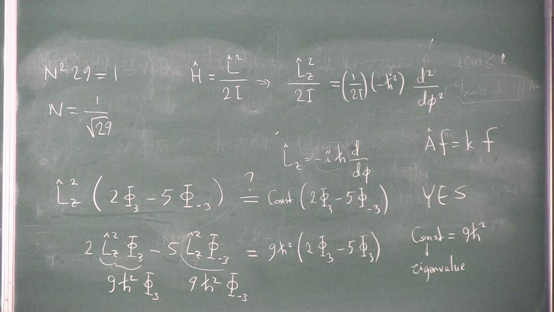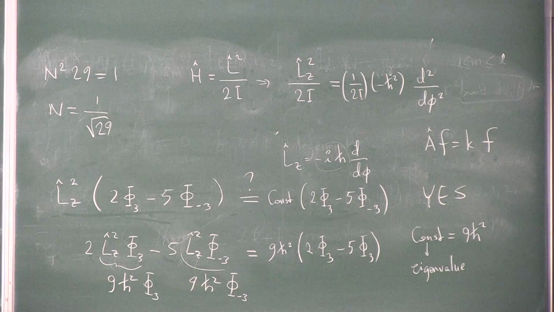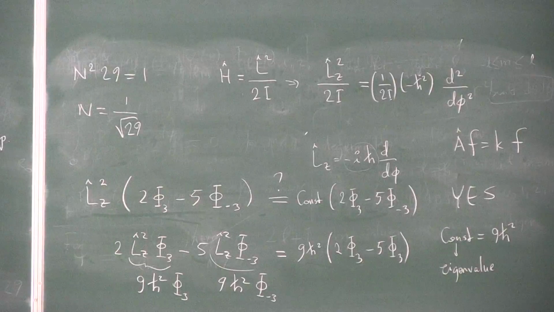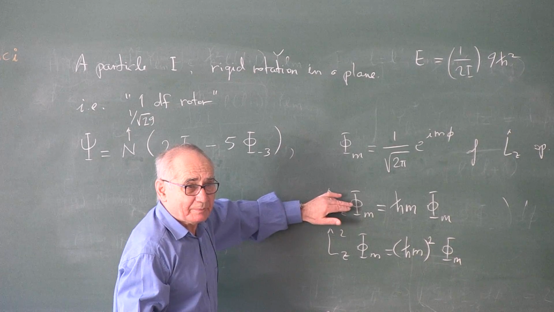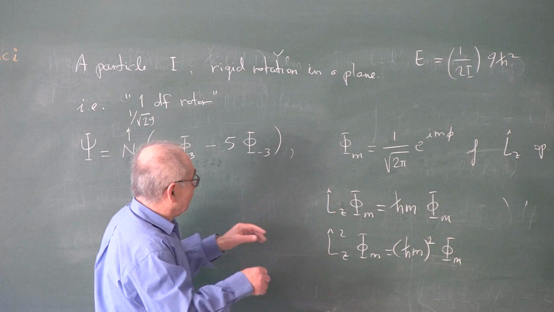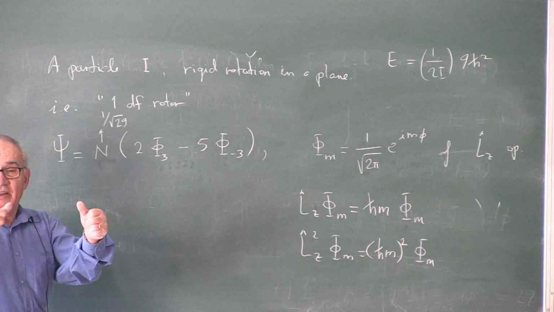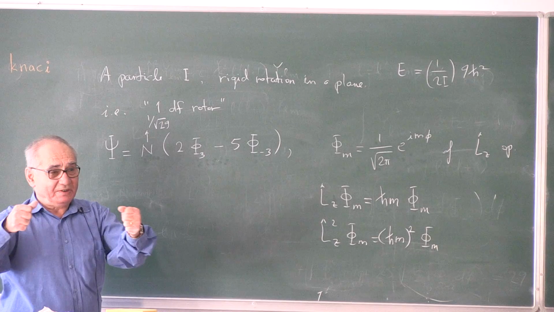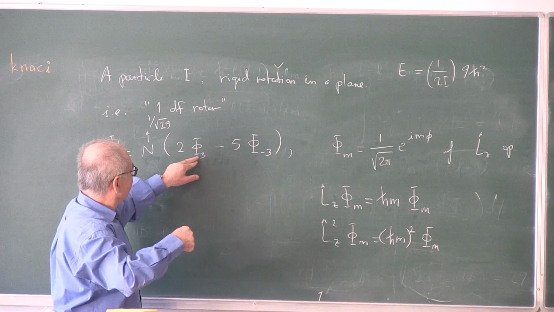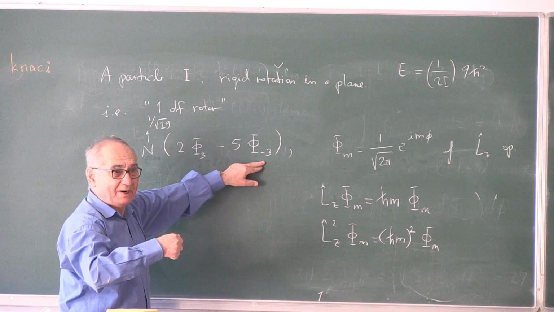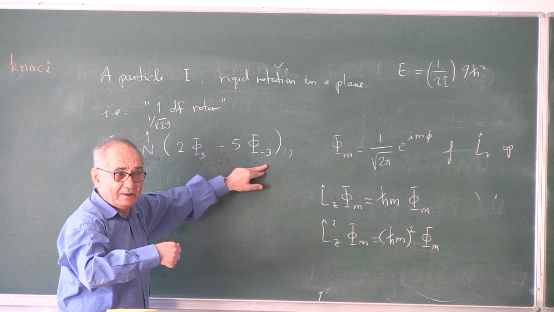The expression contains two functions. One is phi 3, the other is phi minus 3. Both of these functions are separately eigenfunctions of LZ. But this expression contains a mixture of phi functions. M equals 3, M equals minus 3.